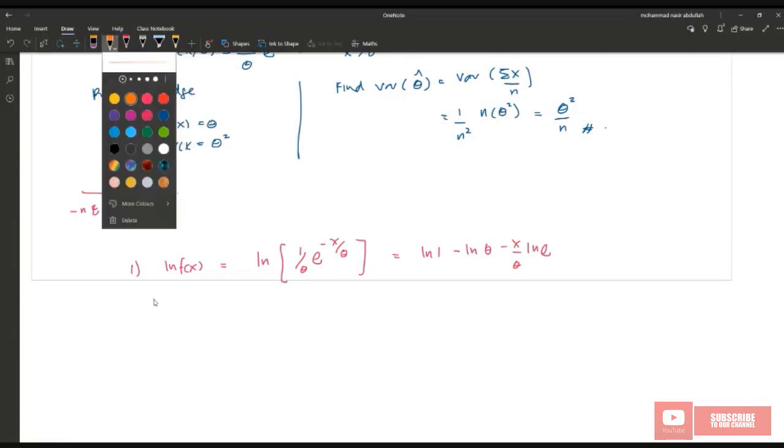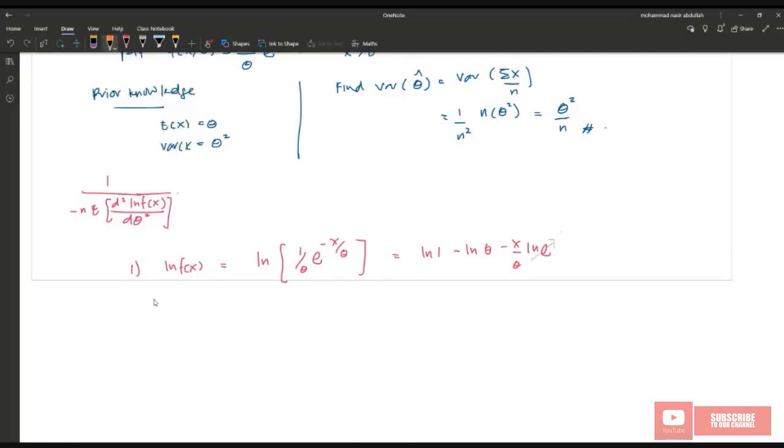So ln exponential is equal to 1, and ln 1 is equal to 0. Right. So what is left for us? Negative ln theta minus x over theta. So this is the first part. The second part is we need to do the derivatives, right?